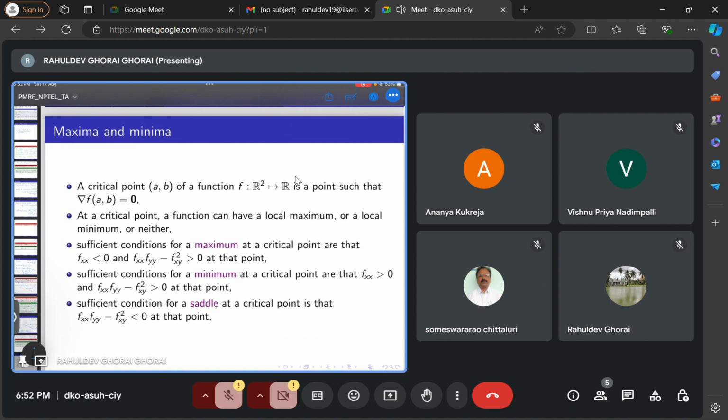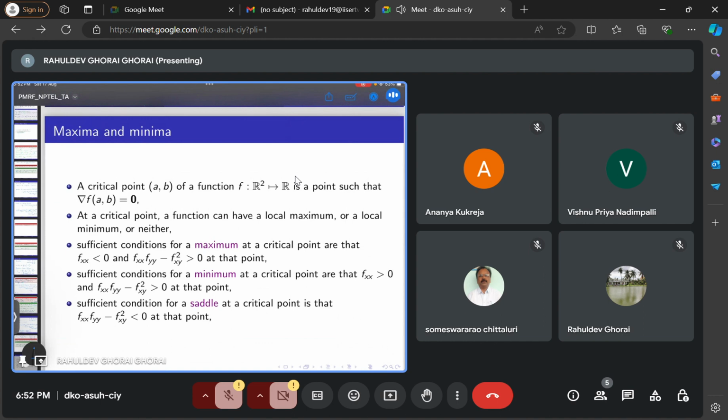Okay. So mainly how do you find the maxima and minima of a function of two variables, mainly a function going from R2 to R. We say a point is a critical point of a function if the gradient of the function at that point is 0.